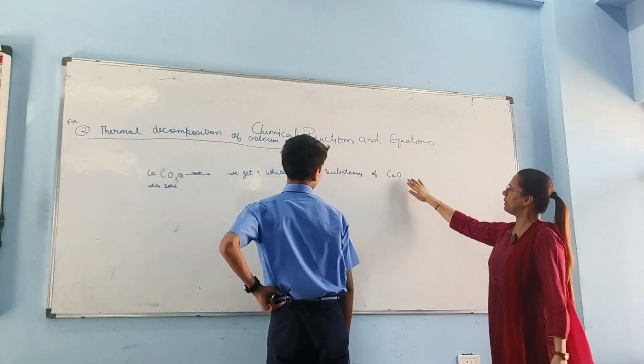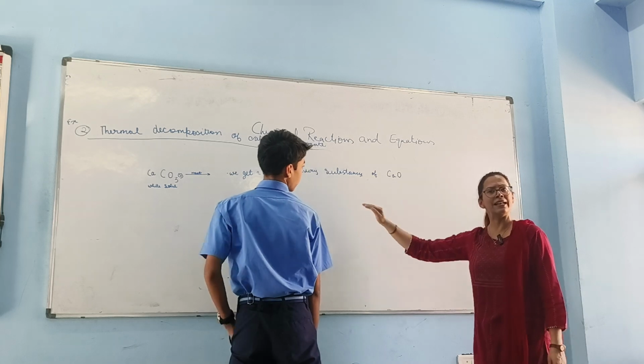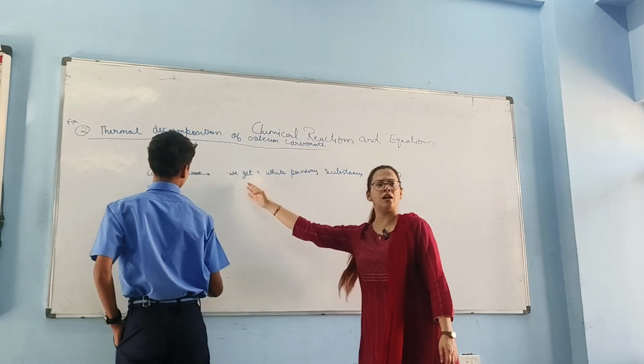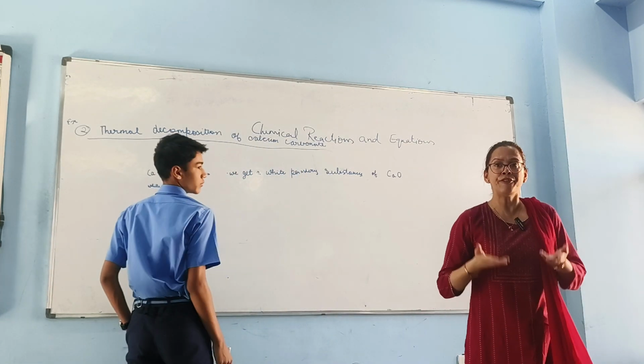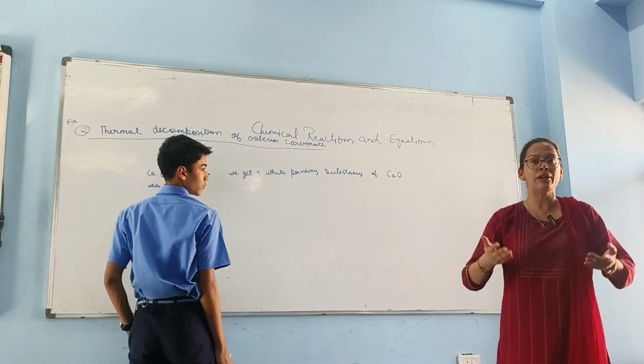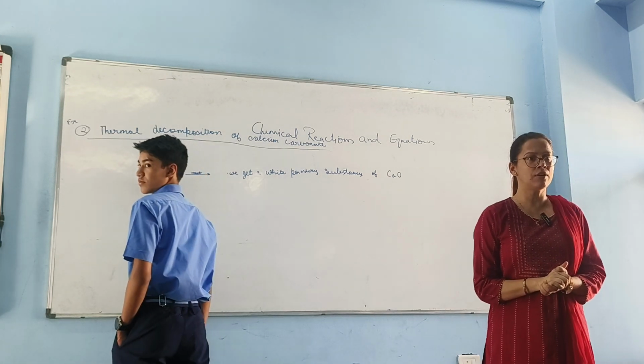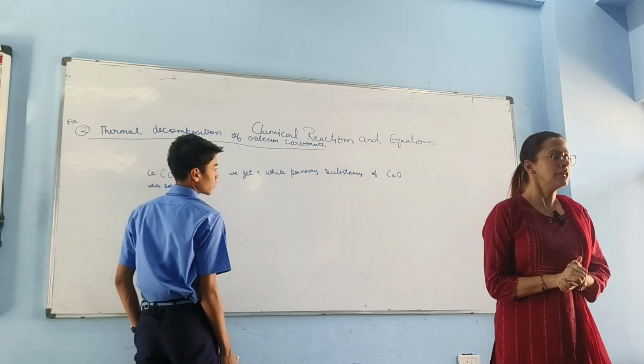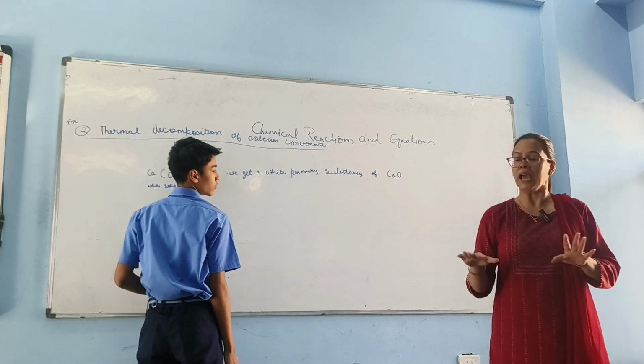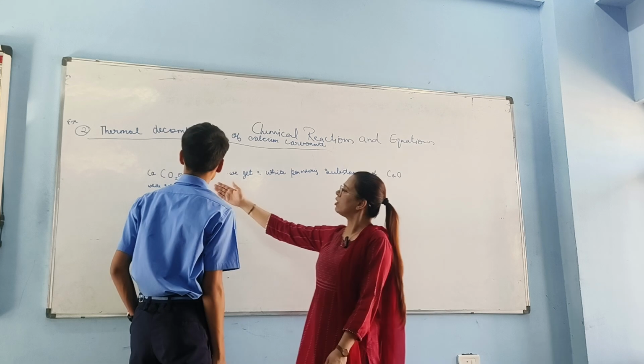Okay, so we got this. Secondly, what will we get? We also get to see effervescence, bubbles coming out. Effervescence means release of gas, and from here we see what we have.